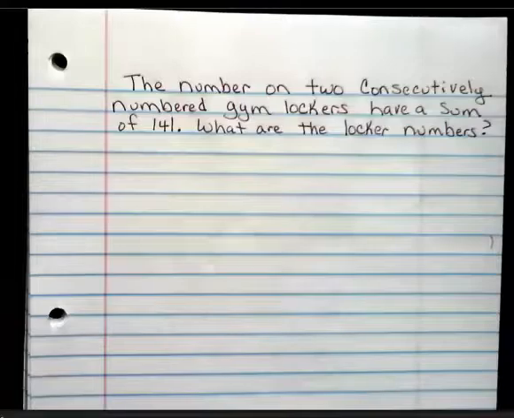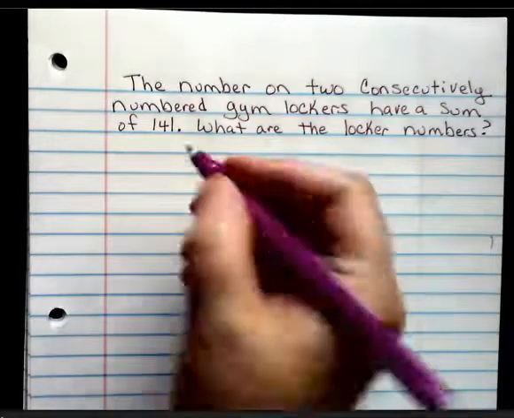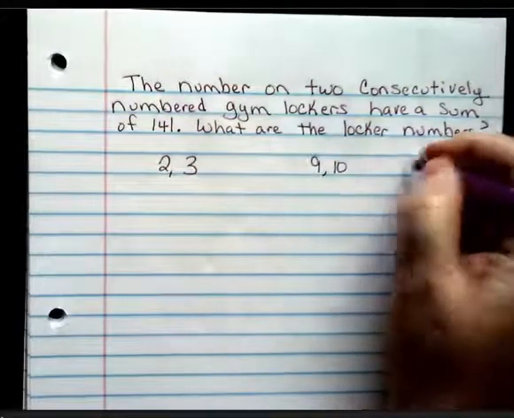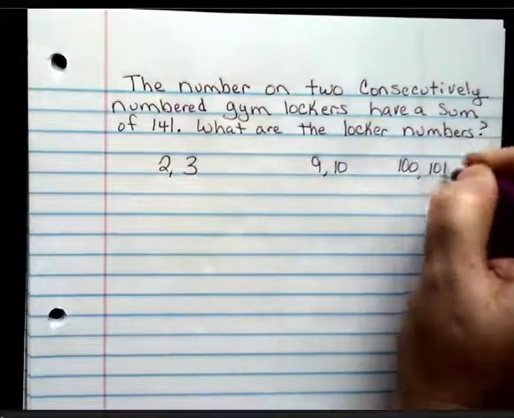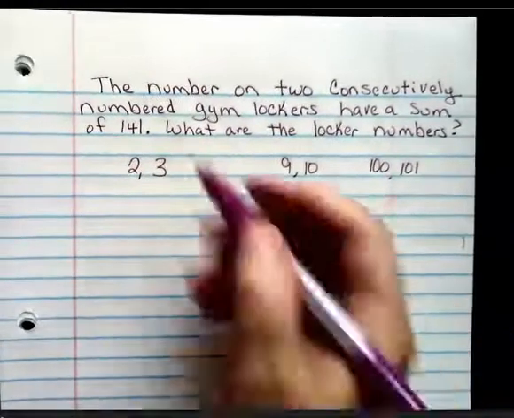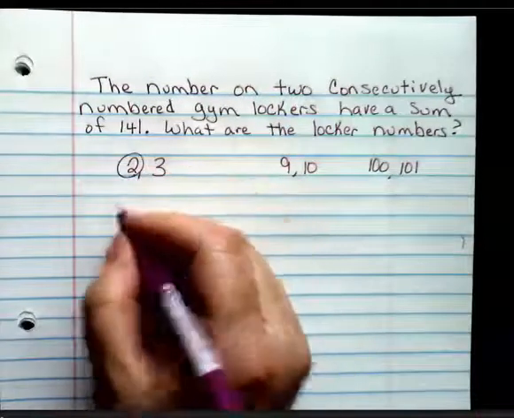The numbers on two consecutively numbered gym lockers have a sum of 141. What are the locker numbers? So when you talk about consecutive numbers, they're numbers that are right next to each other. For example, 2 and 3, or 9 and 10, or 100 and 101. Those numbers are right next to each other. So let's say that I call my first number x.